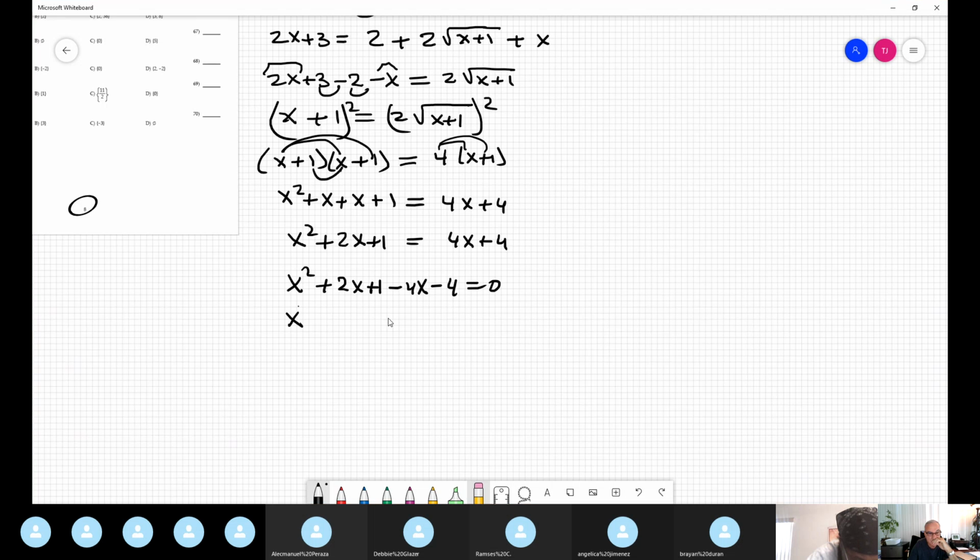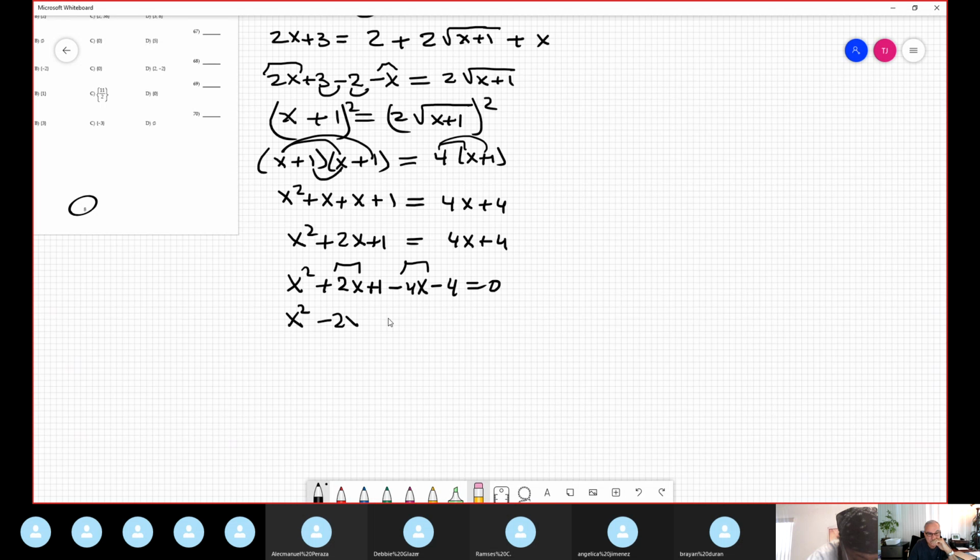Entonces we combine 2x minus 4x, that is minus 2x, and positive 1 and negative 4 is minus 3, equal to 0. Again, I suppose it's easier by factorization. Look. x and x, the combination is 3 and 1, because 3 times 1 is 3, and 3 minus 1 is 2.